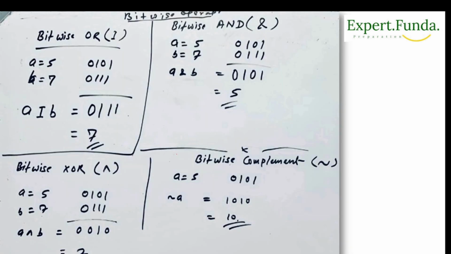You have to understand a little about operators, like how we are going to implement this. In the bitwise operator video, which we talked about in the last video, if we take a and b, where a is 5 and b is 7, the OR operator gives 7 and the AND operator gives 5.